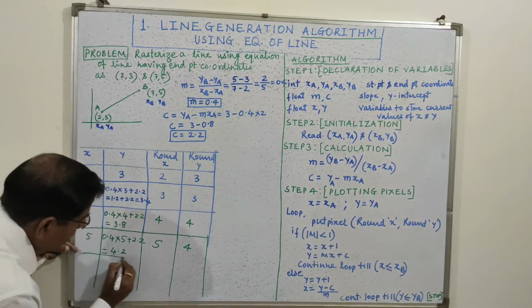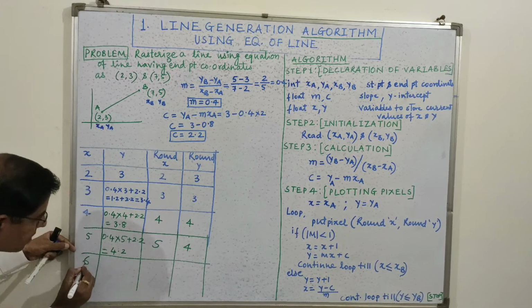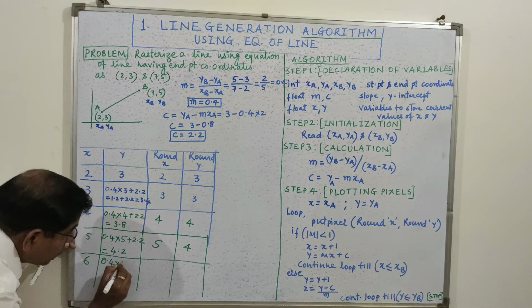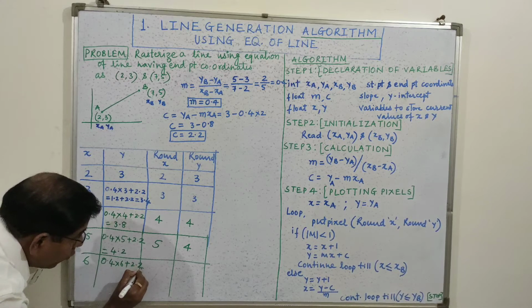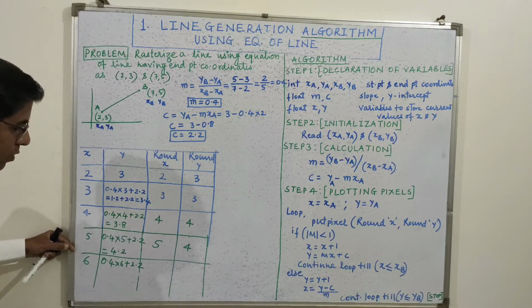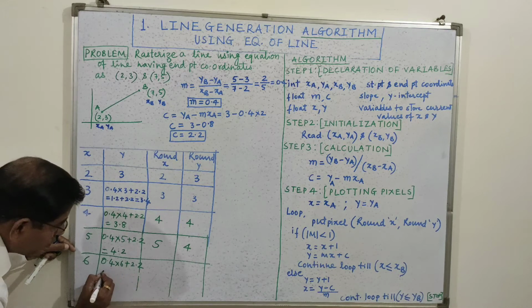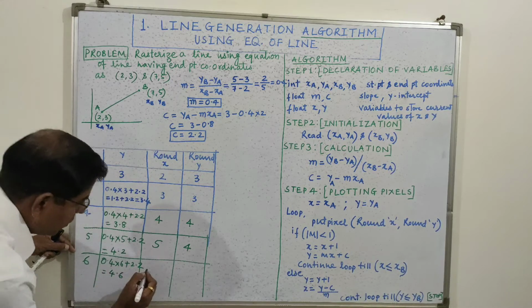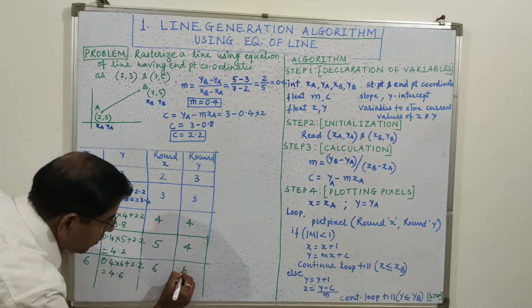Then in the next iteration, x becomes 6. So 0.4 into 6 plus 2.2. Six 4s are 24, so 2.4 plus 2.2 becomes 4.6. So this becomes 6 and this becomes 5.